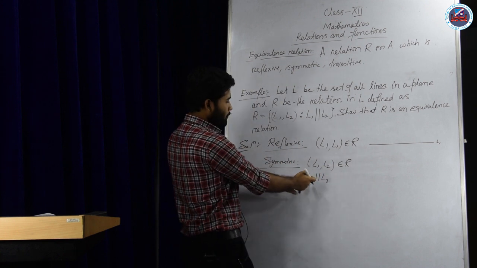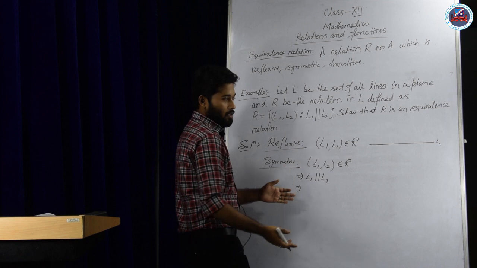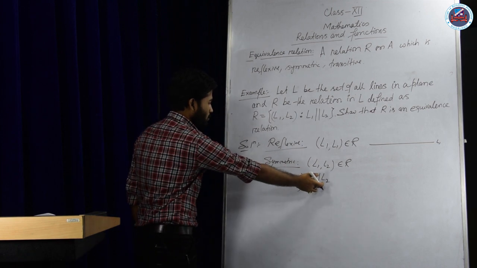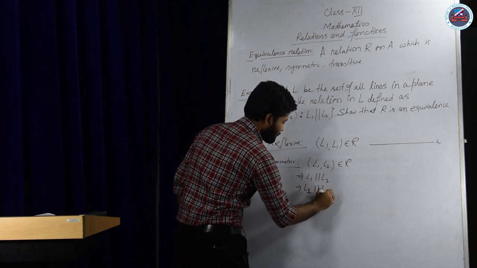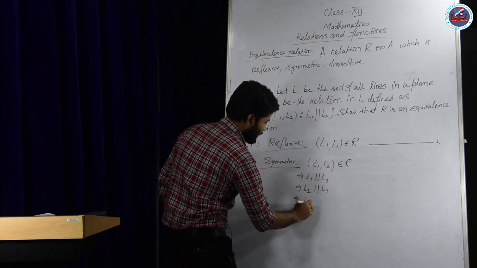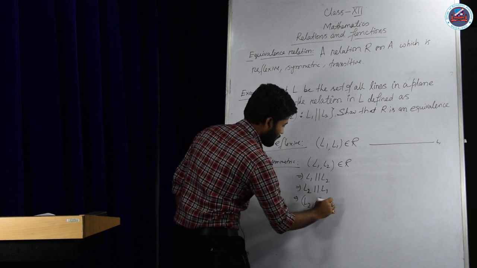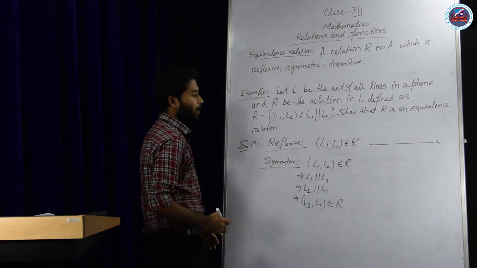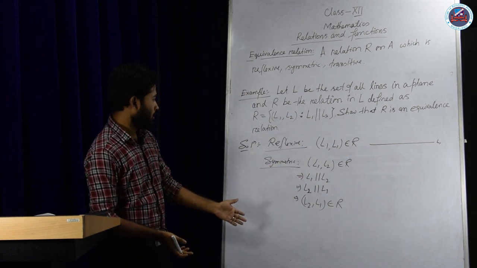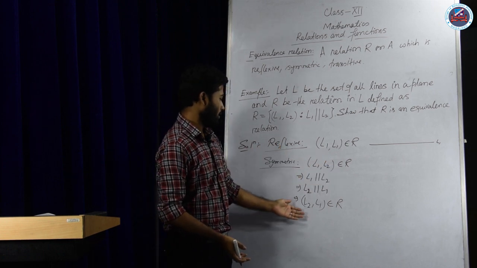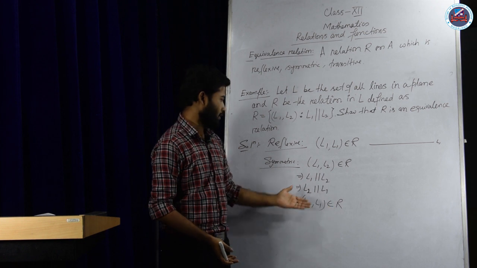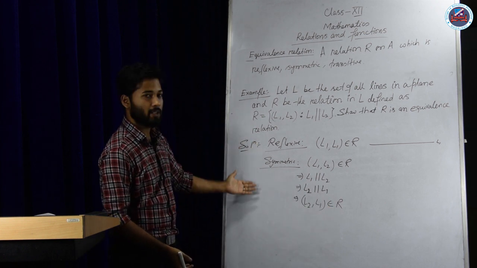Since line 1 is parallel to line 2, line 2 will also be parallel to line 1. Now from here I can write (L2, L1) belongs to the relation R. Clear? So as we have shown that (L1, L2) belongs to R implies (L2, L1) belongs to R, we can say that the relation R is symmetric.